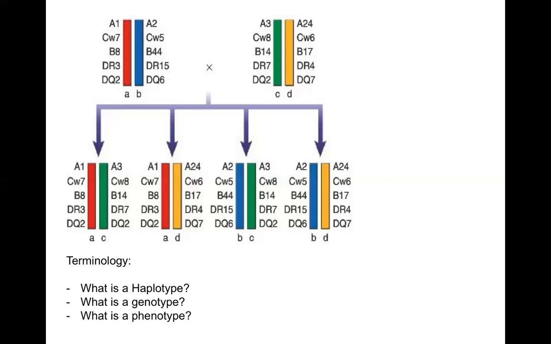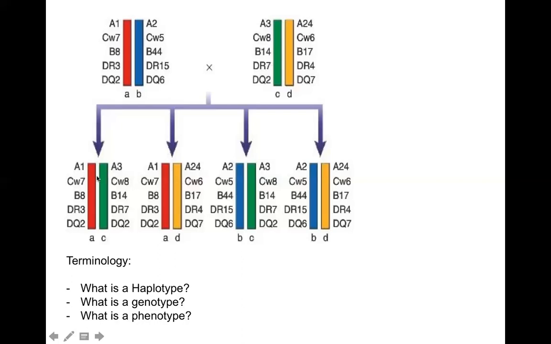But MHC genes, like we mentioned before, are co-dominant. And that means everything inherited is expressed on the cell surfaces. So let's say this is the combination the child inherits. This is one haplotype, second haplotype. This whole set is known as a genotype. The phenotype is what's actually going to be expressed.